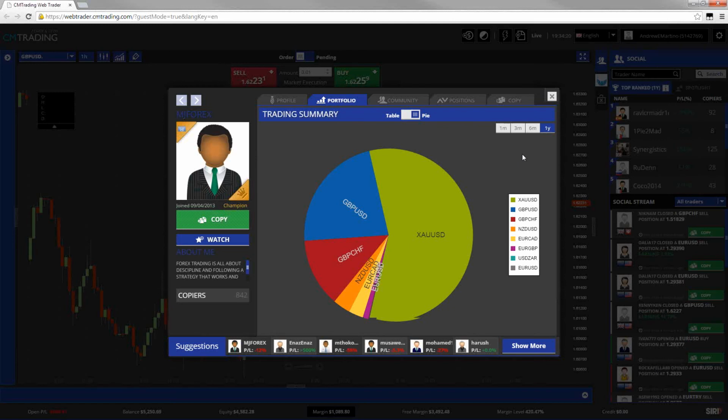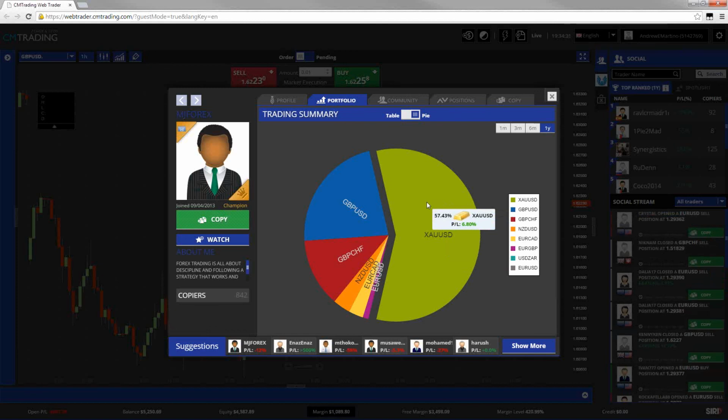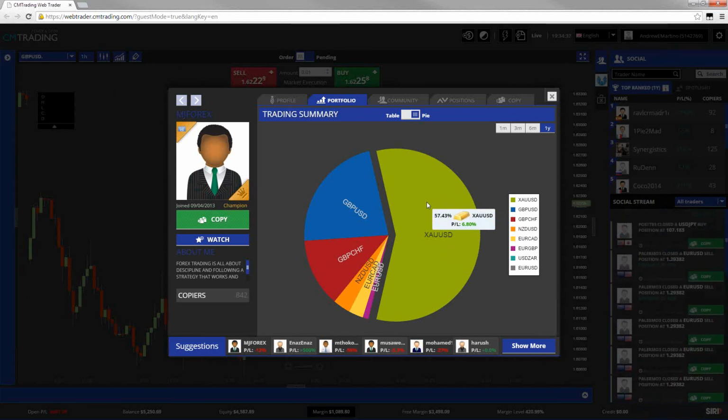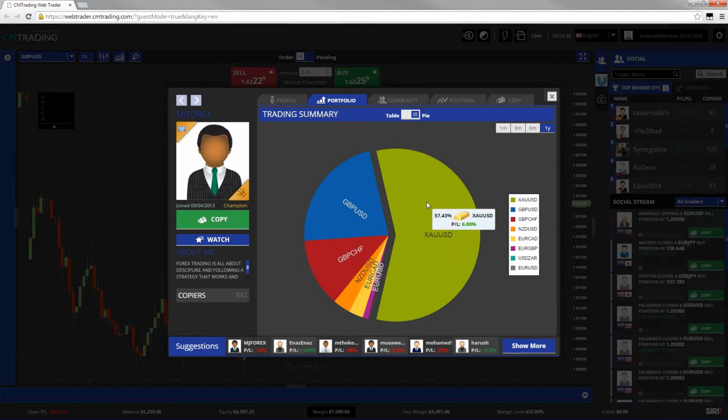Would we want to make an additional trader heavy on gold? I would probably look for somebody else in the system that wasn't so heavy on gold, and look for more indices. So I'm searching for a trader that's successful on indices. And I would like to see here maybe the Dow Jones or the S&P 500, something that we see this kind of investment and this kind of profits.